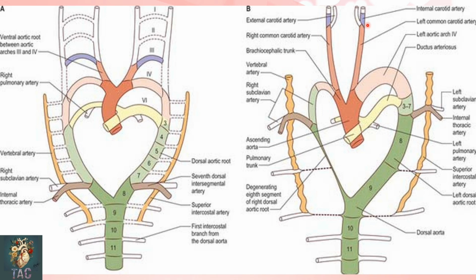This blue color area shows derivative of the third aortic arch, and this white shows a sprout from the junction of the ventral aorta between the roots of third and fourth. Behind the fourth aortic arch and the sixth aortic arch, the ventral arches fuse to form the aortic sac.